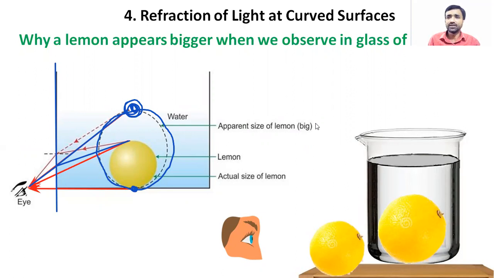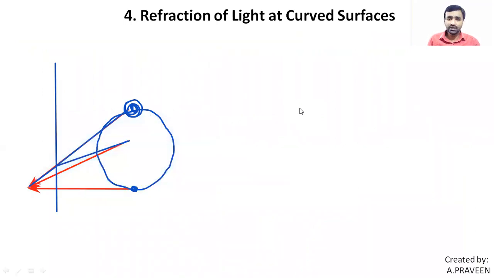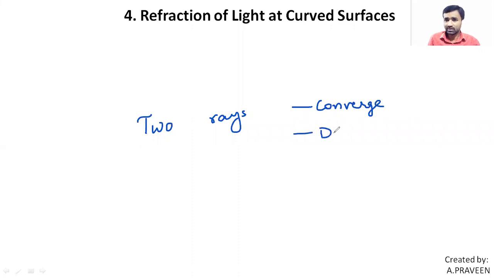Then the next topic for us is image formation and derivation of the curved surface formula. Image formation can be explained by a diagram when a minimum of 2 rays are considered. Minimum how many rays are required? 2 rays. Those 2 rays must either converge or diverge.